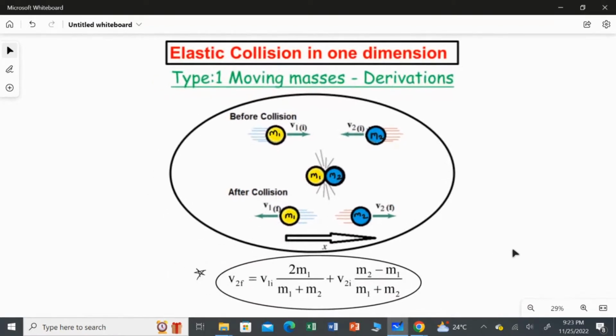Again, we have to deal with the law of conservation of linear momentum, and we have to take the final equation of the previous video and substitute that answer here.